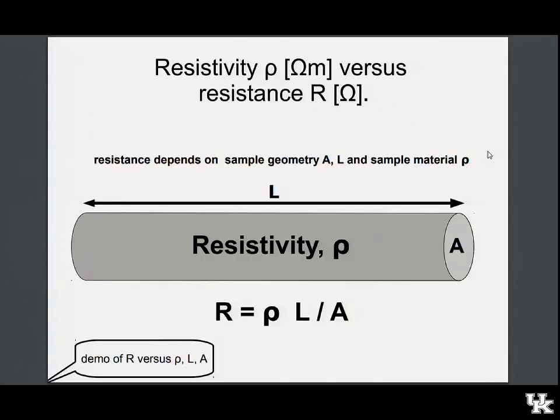So in this overhead, I'm asking you to imagine some cylindrical section of wire again. Here it is. Imagine that section of wire has some length L, it has some cross-section A, and it has what we call resistivity ρ. The L and the A reflect the geometry of the wire.